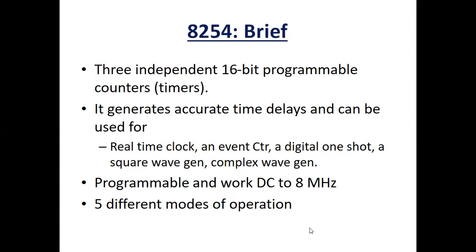Now next, some key features of 8254. Basically, 8254 is a programmable interval timer IC, and it consists of three independent programmable counters. For the timer or counting function, there are three independent programmable counters having a size of 16 bits.